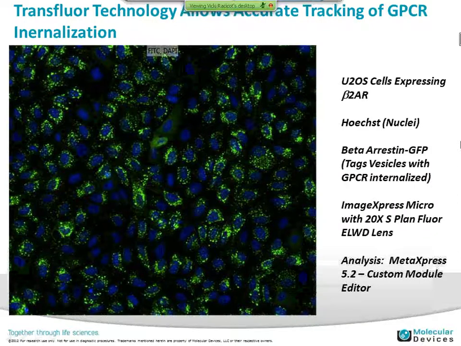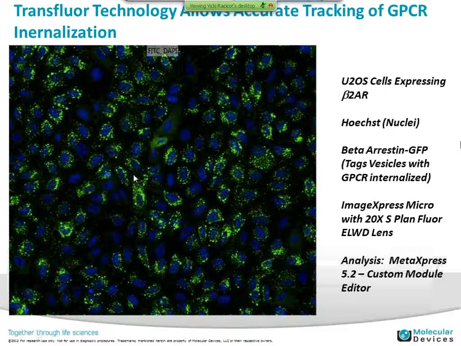So in the interest of generating a very specific read around tracking the internalization of our GPCRs of interest, we've highlighted this particular example where in this image we're showing U2OS cells that are co-expressing our beta-arrestin GFP and the beta-adrenergic receptor.